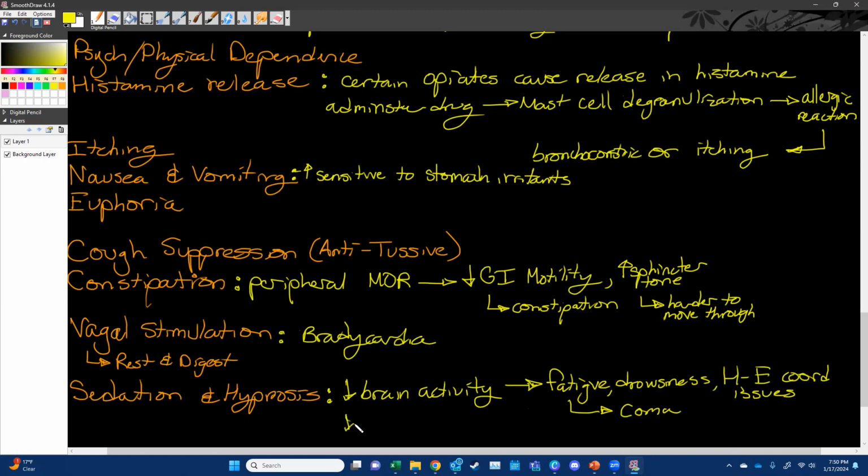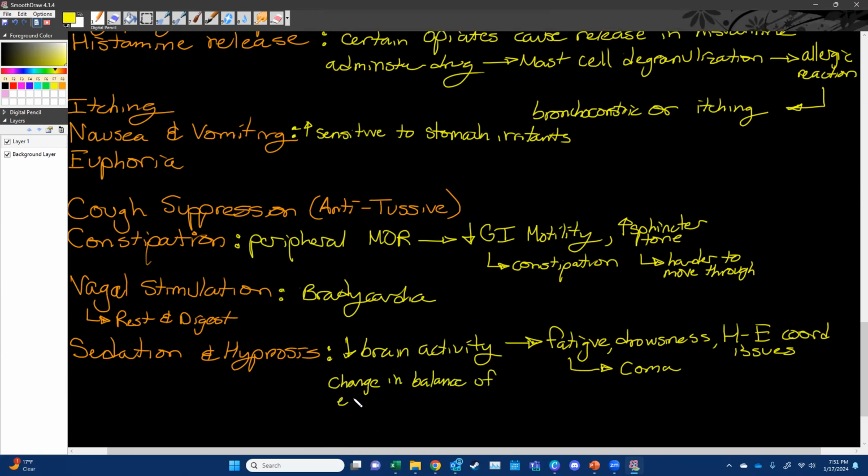The other thing that can happen here is that you're throwing off the balance of excitatory and inhibitory. Does anybody know what happens when you change the balance between excitatory and inhibitory neurotransmitters?